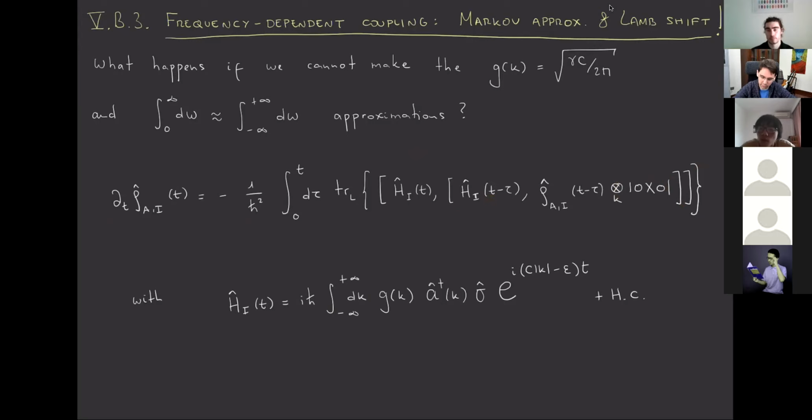But then it's true that because this state still depends on previous times, this part of the state still has some dependence on the Hamiltonian, okay? In particular, if you want to evolve from time t to time t minus tau, you will have to apply the time evolution operator given by the interaction at time tau or minus tau, okay?